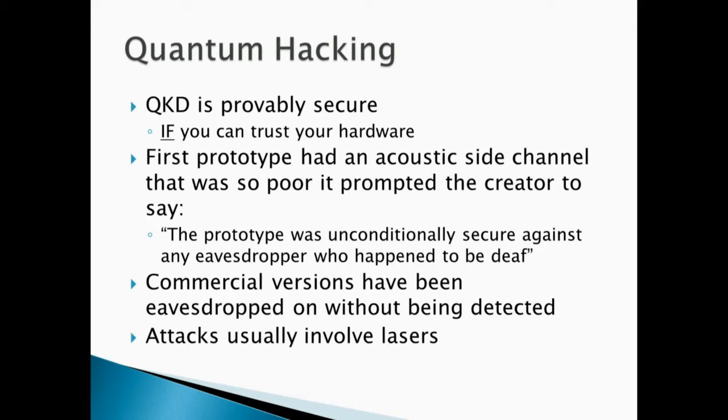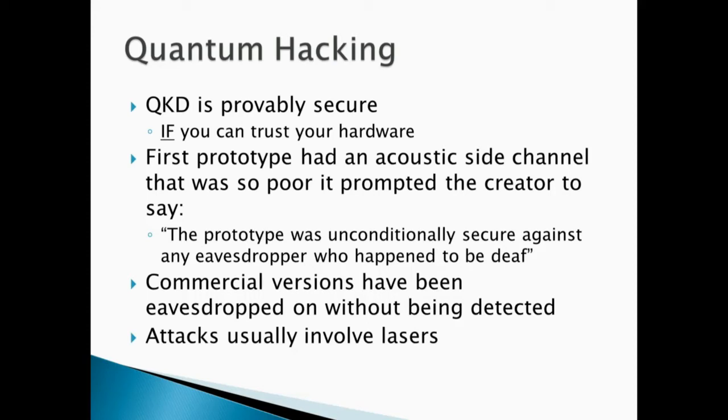So even the very first quantum key distribution prototype had a really bad problem with an acoustic side channel, where the creator himself said that the prototype was unconditionally secure against any eavesdropper who happened to be deaf. Because every time it had these things that would change the polarity of a photon that comes out, which is how it worked, every time these things changed, it would make a noise that you could differentiate between if it was shifting it in one polarity versus another.